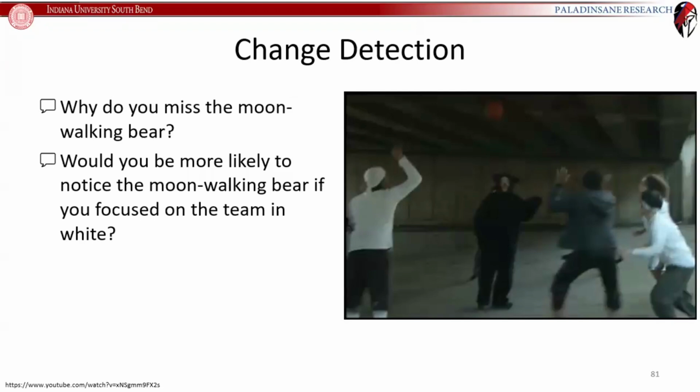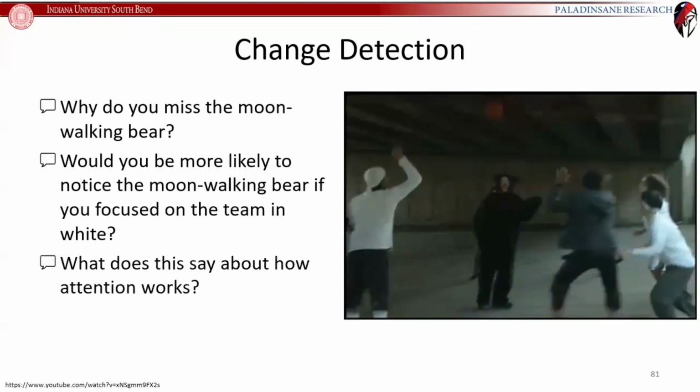Question is, would you be more likely to notice that moonwalking bear if instead they said, hey, focus on the black team? Because maybe if you were processing things wearing black, that moonwalking bear would have fallen into that category and you would have been like, oh, hey, wait a second. What about that moonwalking bear?